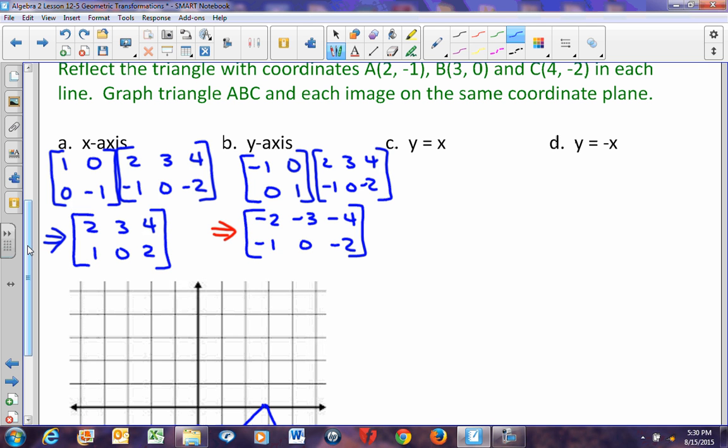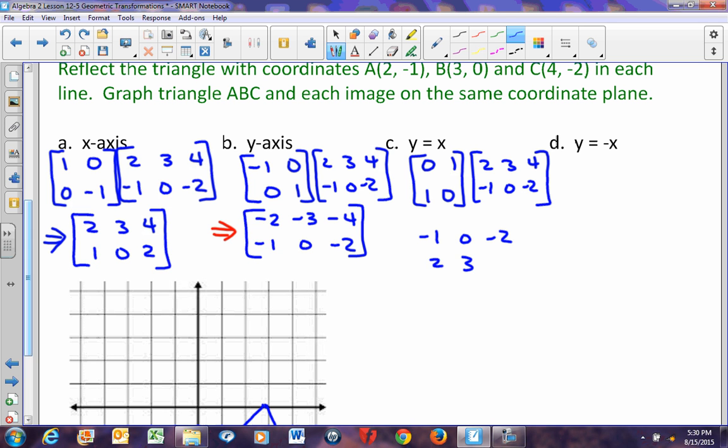The y equals x line is 0, 1, 1, 0, multiplied by 2, 3, 4, and so on.